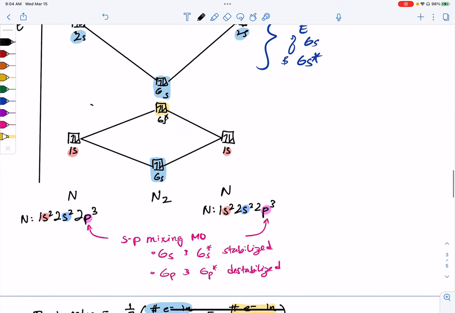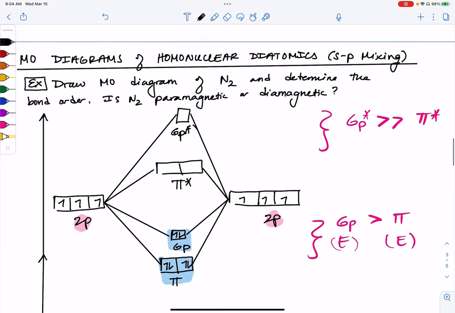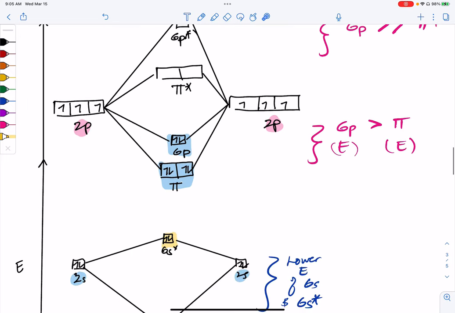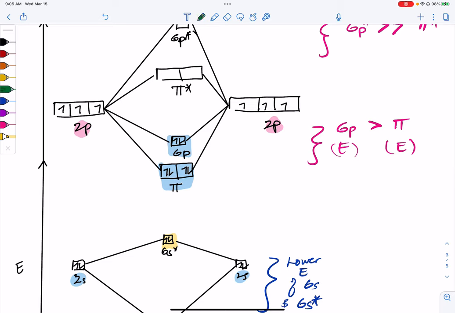Okay, let's ask ourselves if nitrogen is paramagnetic or diamagnetic. So we are looking at the highest occupied molecular orbital. So we're going to scan our molecular orbitals and find the one that is the highest energy that contains electrons. So it looks like it's going to be my sigma p. This is my highest occupied molecular orbital. And the question is, do I have unpaired electrons in here? And the answer is no. Electrons are all spin paired.